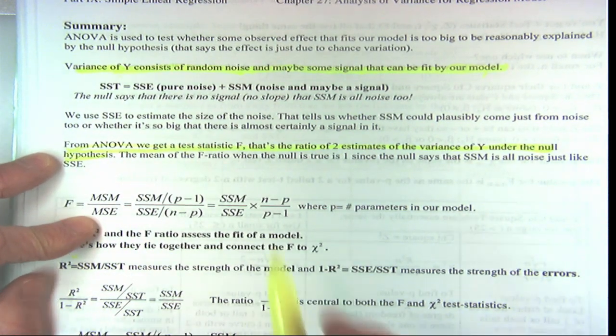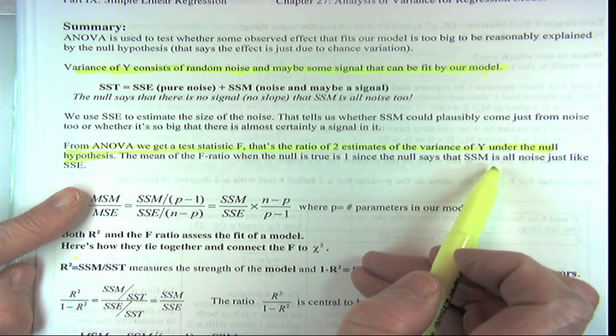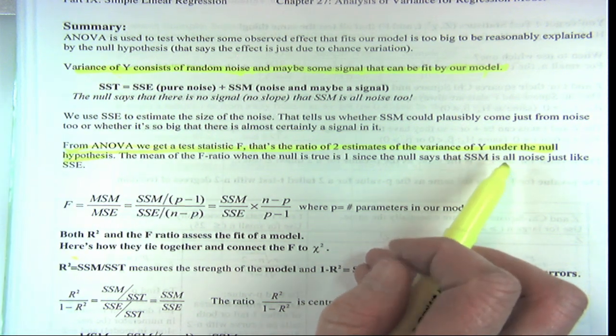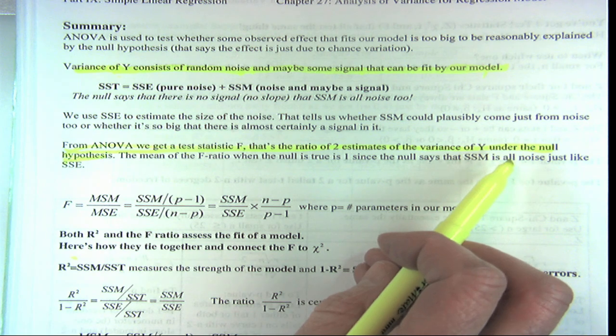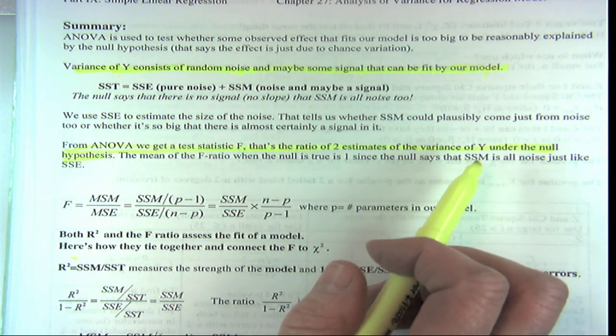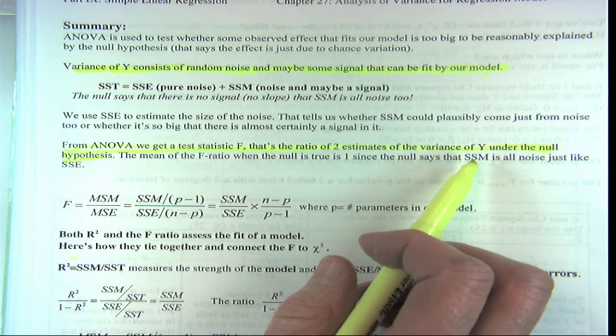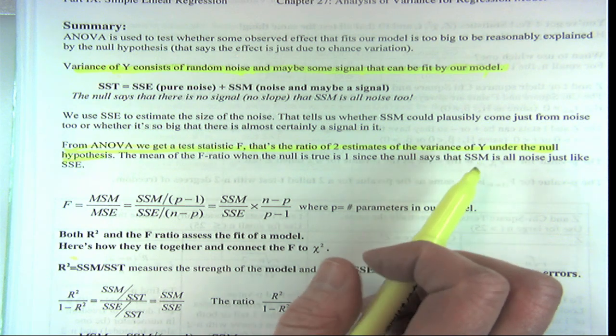Because under the null hypothesis, SSM is all noise too. So they're just two different estimates of the variance of y. That's all it is. And they should be the same when the null's true. When the null's not true, then you're going to get a lot more.